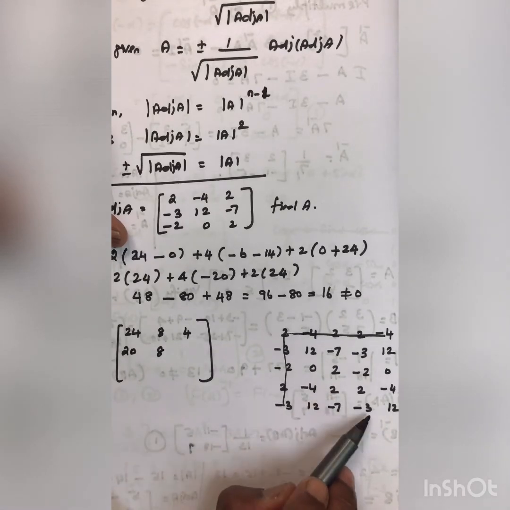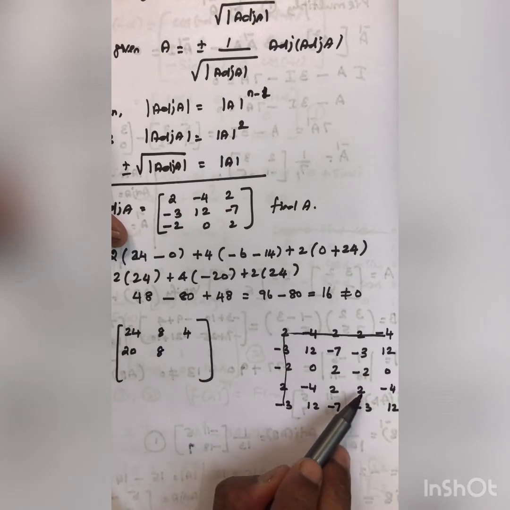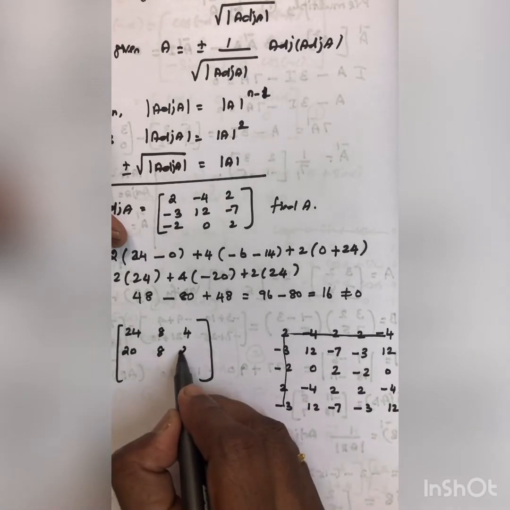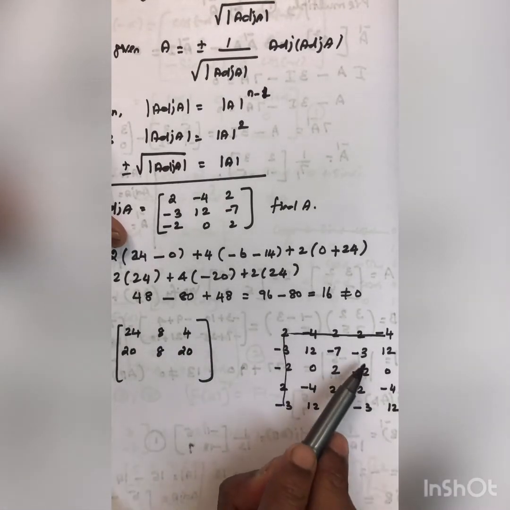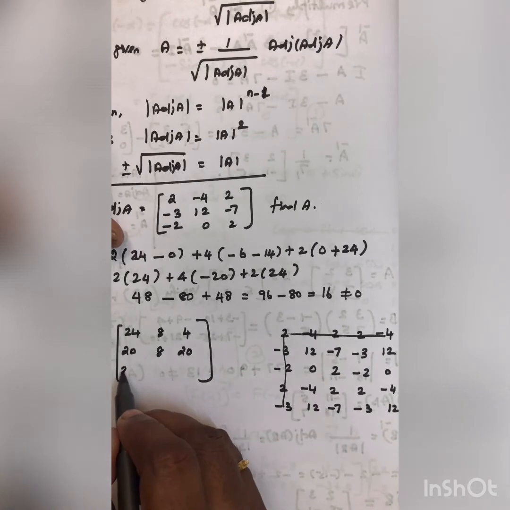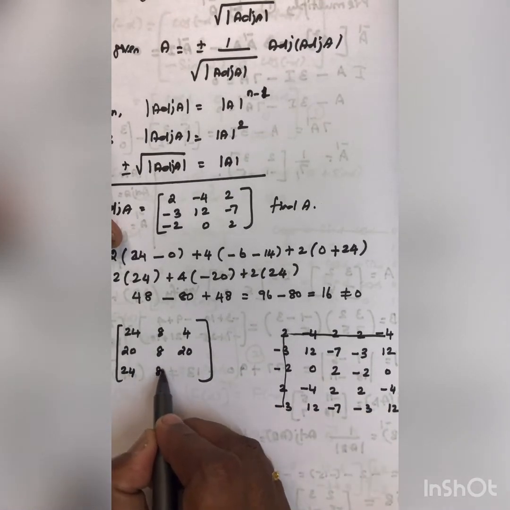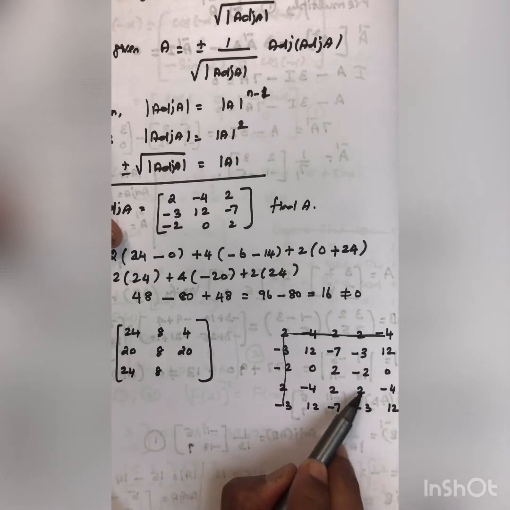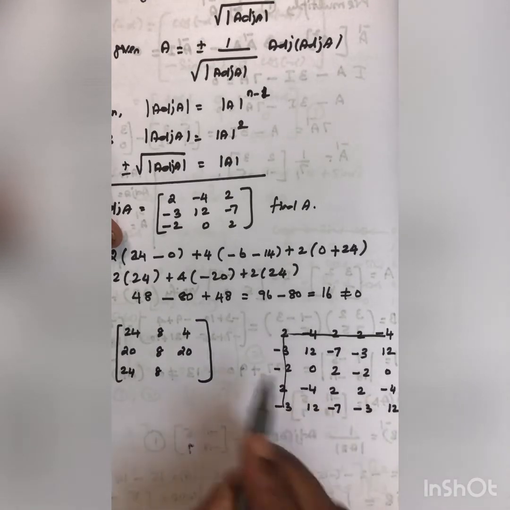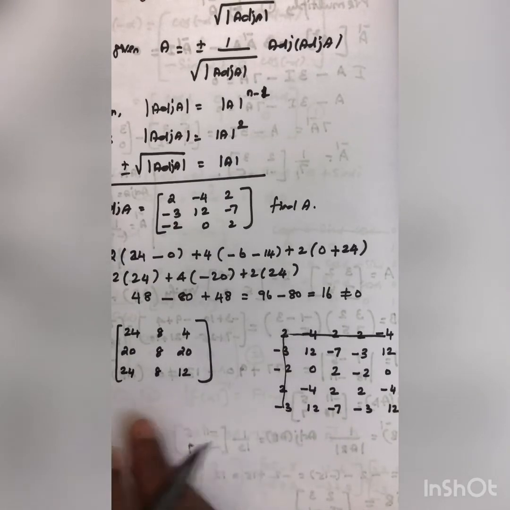Next one, minus 6 minus minus 14, minus of minus plus 14, so I am getting 20. Next one, 0, minus of minus plus 24, I am getting 24. Next one, plus 8. And next one, 24 minus 12, plus 12. That is the adjoint of adjoint of A.